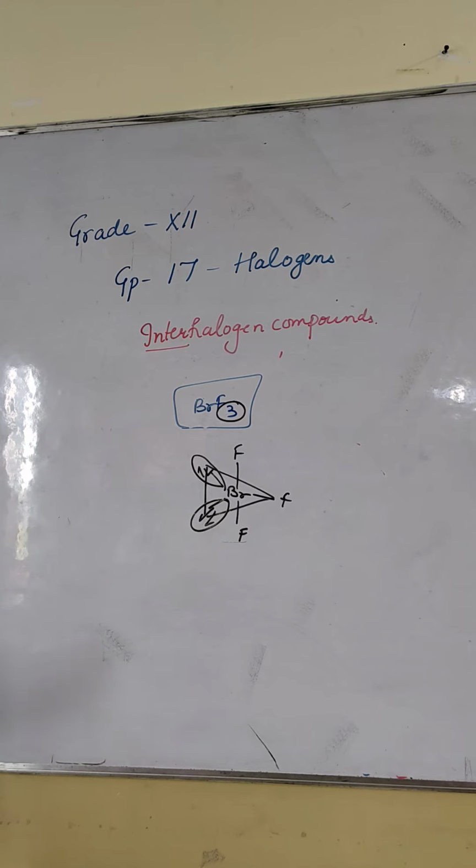Increase in oxidation number means increase in acidic strength. These are all monobasic. Last, we have discussed interhalogen compounds, which are compounds formed between 2 different halogens. The general formula is XX', XX'3, XX'5 and XX'7.